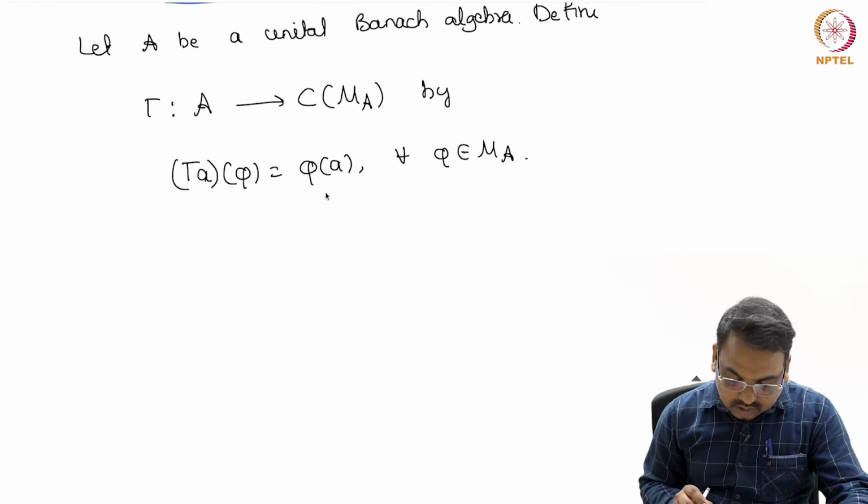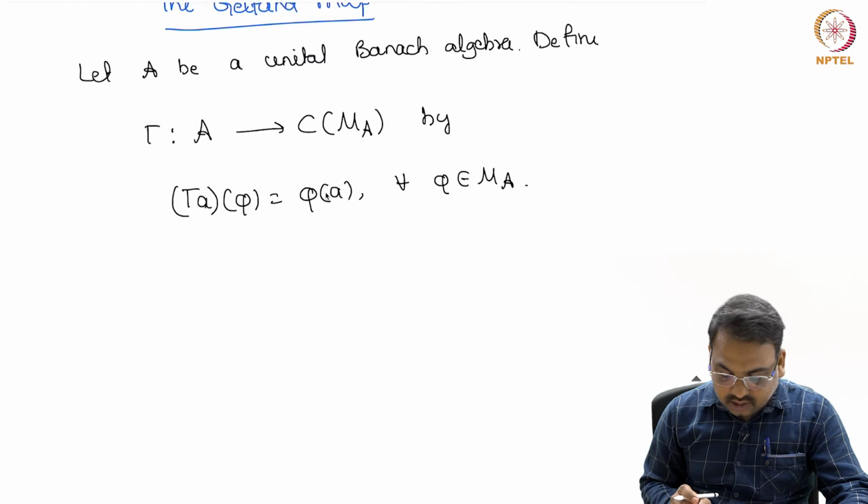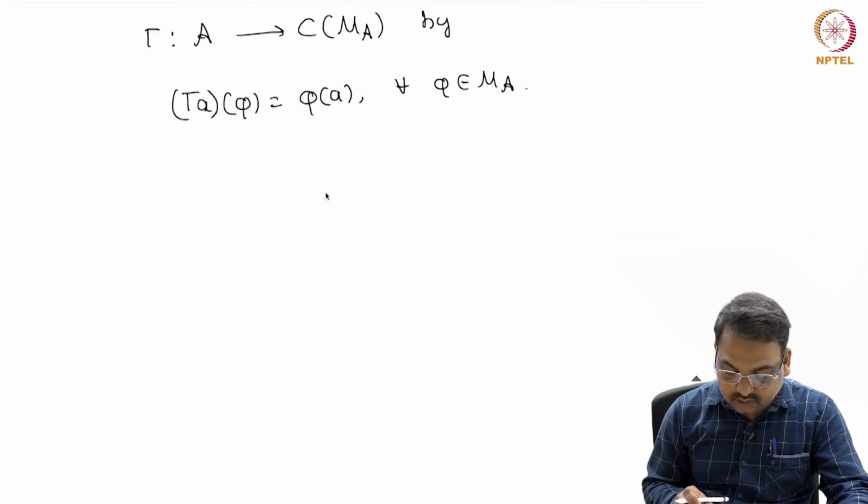Now it depends whether A is commutative or not. When A is not commutative, there is no guarantee that M_A is non-empty. But when A is commutative, we can always say that M_A is non-empty.